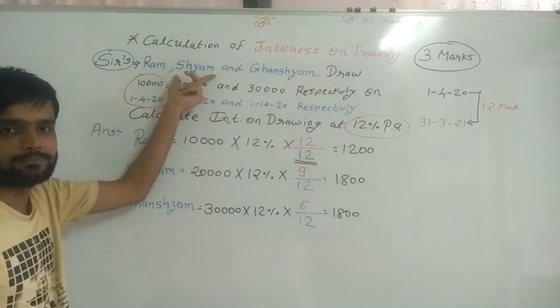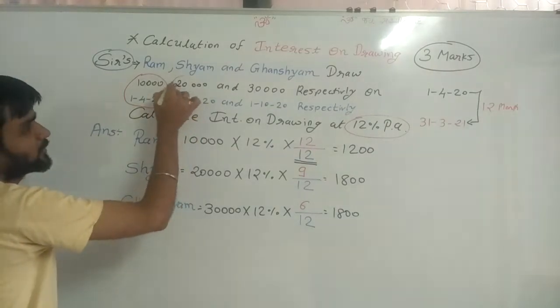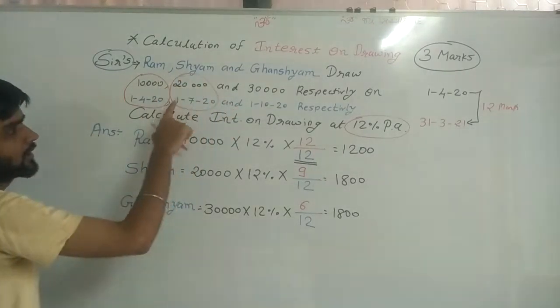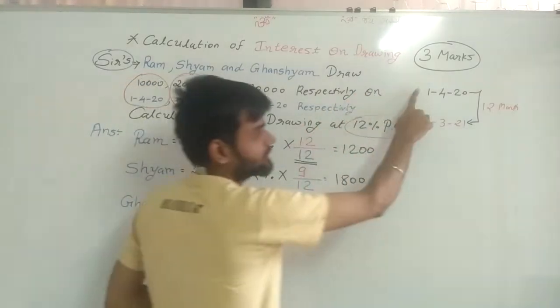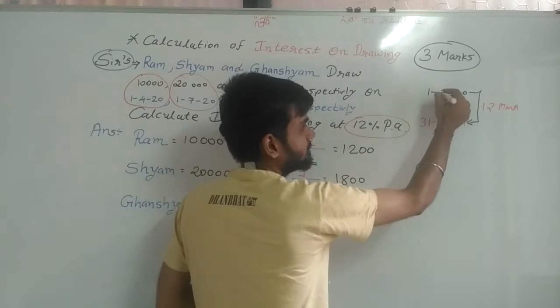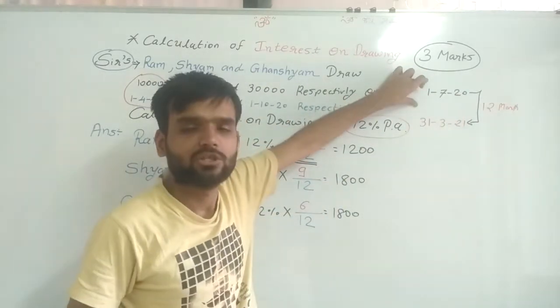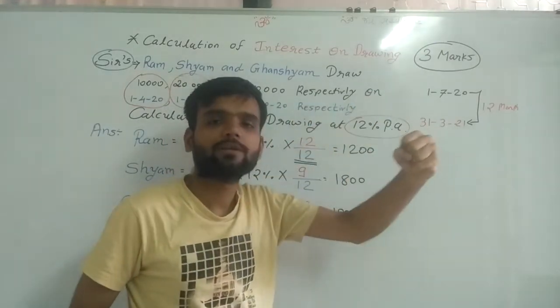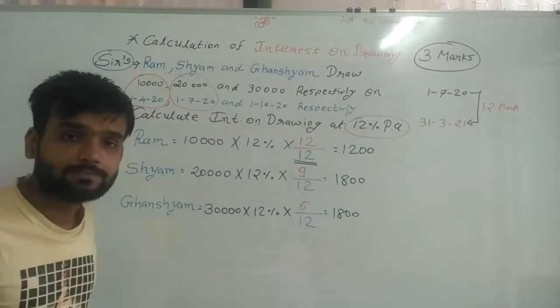Now we are calculating the same thing for the other partner. For Shyam, we can see here Shyam has withdrawn 20,000 on 1/7/20. So change the date here: 1/7/20, Shyam drawing 20,000 rupees.